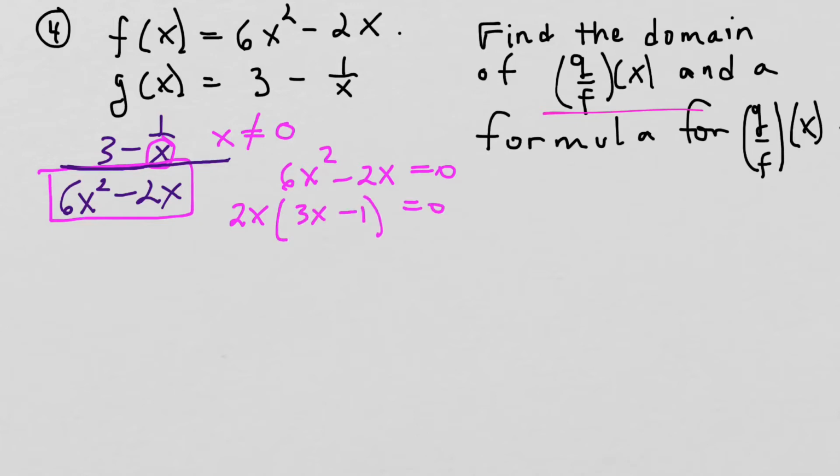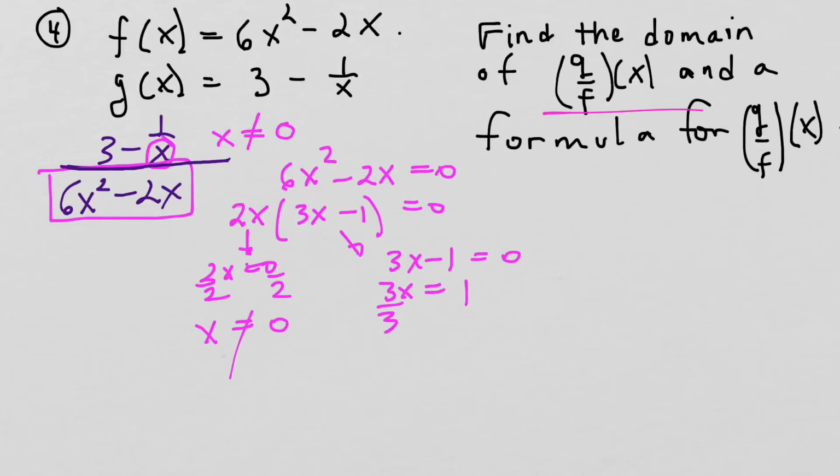All right, so this one right here, if this factor is 0, 2x equals 0. So that just simply says that x cannot be 0 again, like in the numerator, so we've taken 0 out completely. Now over here, what causes this part to be 0? So x equals 1/3. So if x is 1/3, you've got a 0 in the overall denominator here.